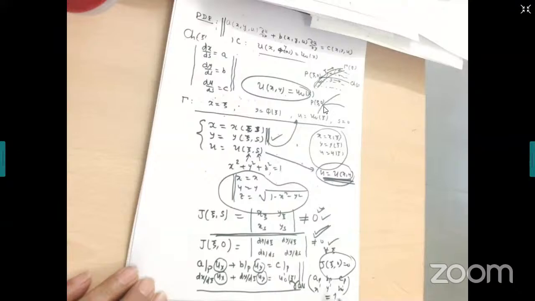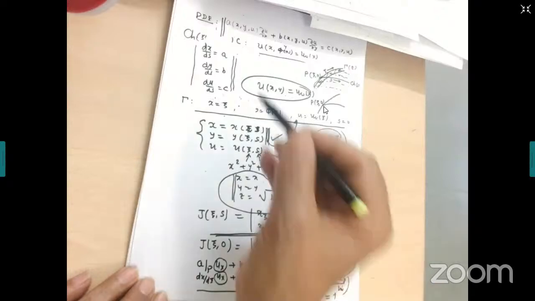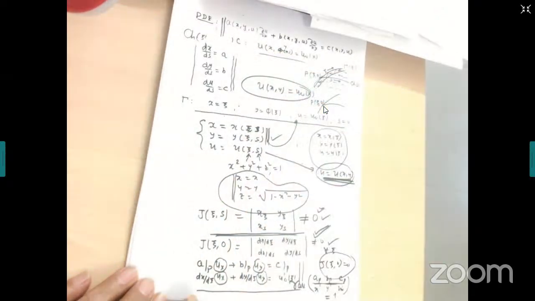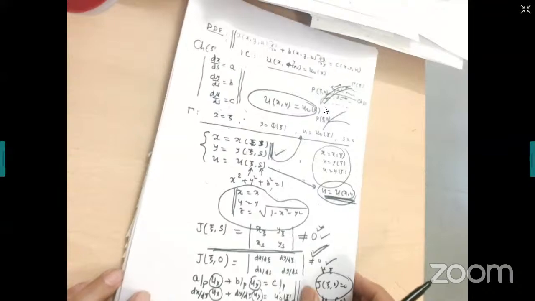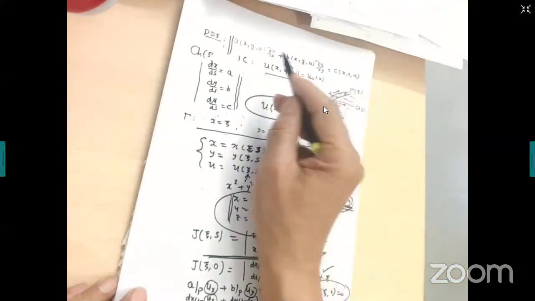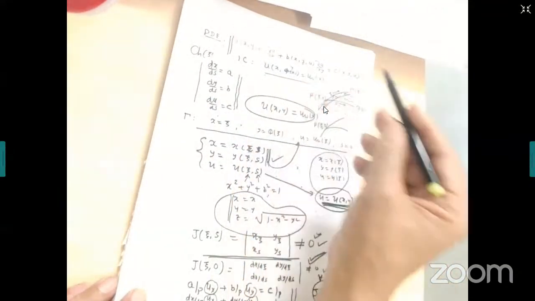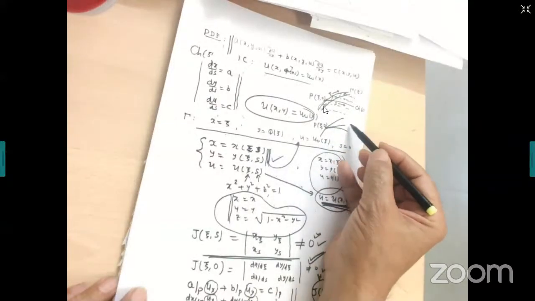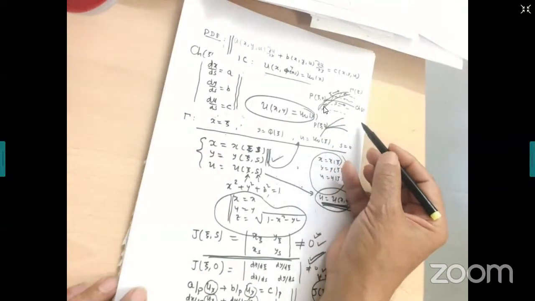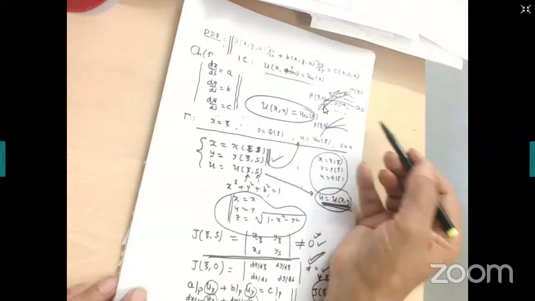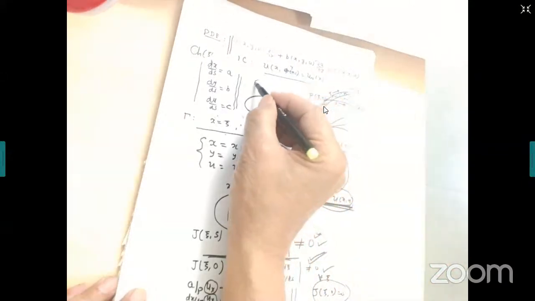Geometrically, what does it mean? If you look at it, AP, BP, ABC. What are ABC? These are the components of the tangent to the characteristic at this point. This is the vector field ABC.